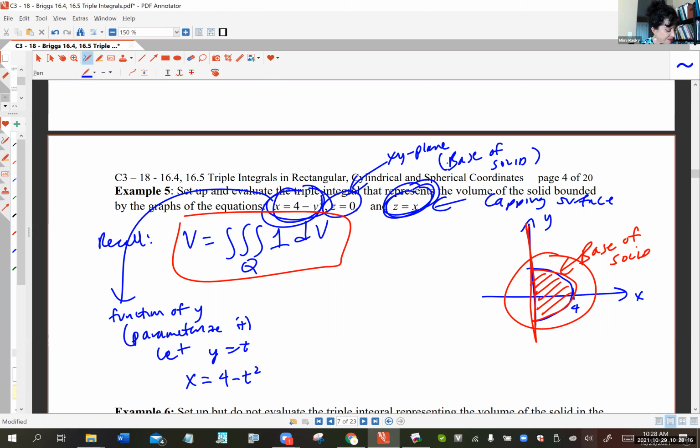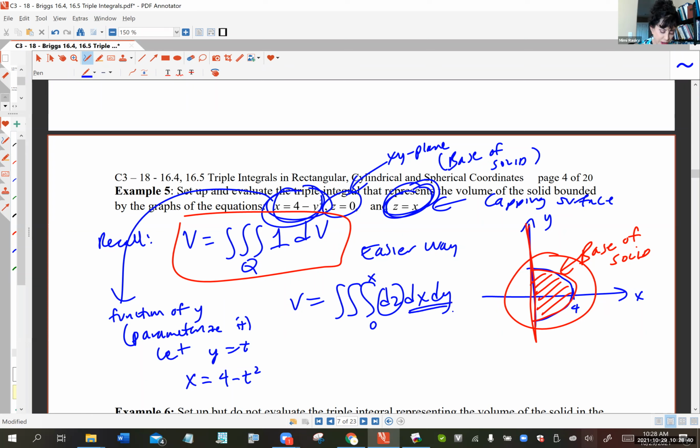So I'll show that to you after I get done doing what I claim is the easier way. So the easier way is to say volume is equal to the triple integral of dz dx dy. Z is going from a low of z equals 0 up to the capping surface, z equals x.